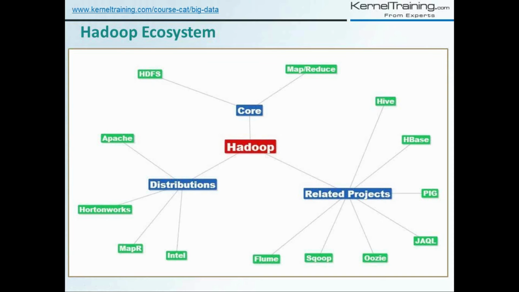And that is why we have developed various SQL-like technologies, which come under Hive, HBase, Pig, Jockey. Oozie is a scheduler. Sqoop and Flume are for data movement. And we have various distributions available: Apache Hadoop, Hortonworks, MapR, Intel, Cloudera, many are there.